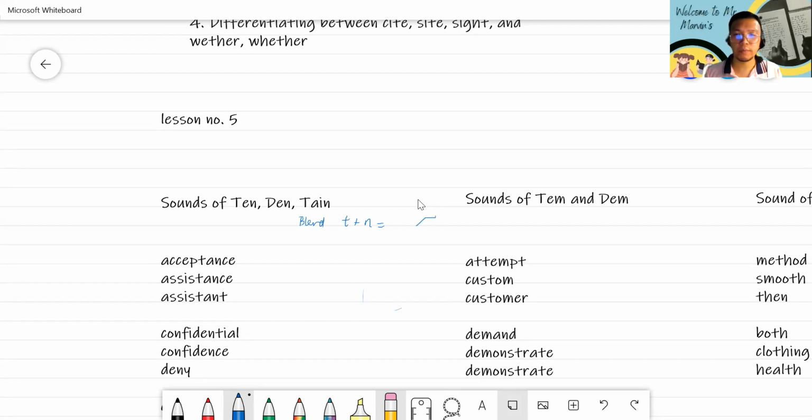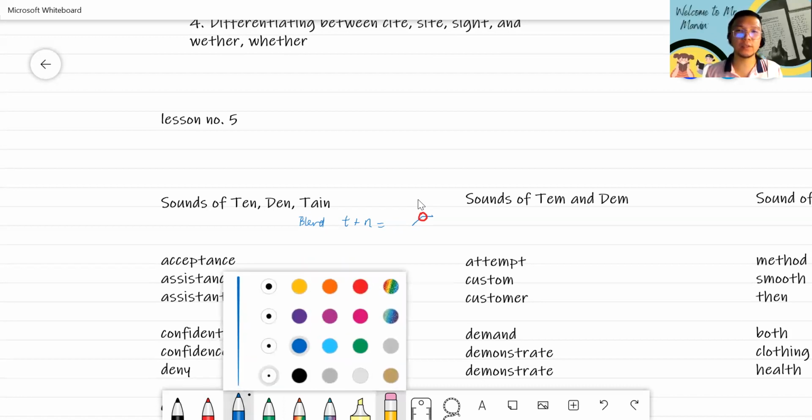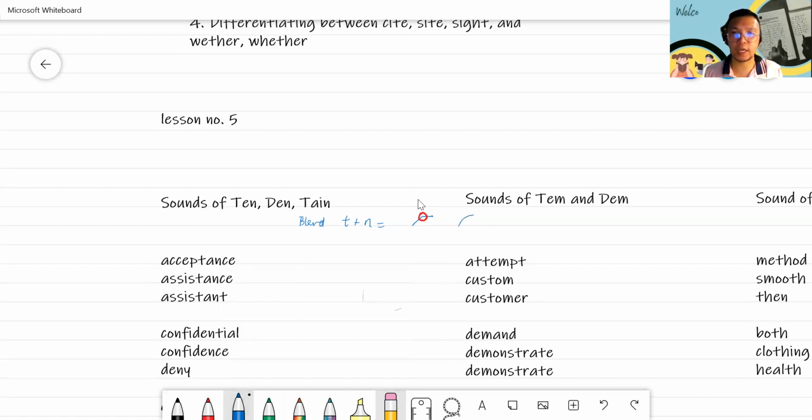As you could see, there is an angle at the middle of it. However, we need to apply the principle of the ease of writing. It should be rounded for us to be able to meet the ease of writing. So instead of that, we're going to write it with the rounded angles, just like that.